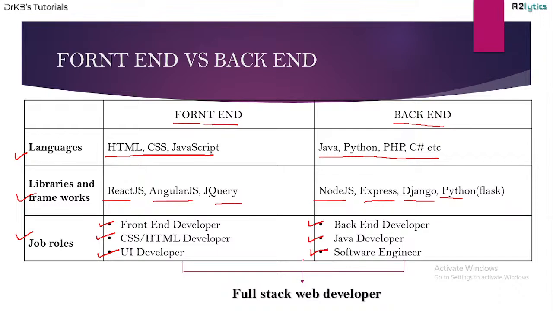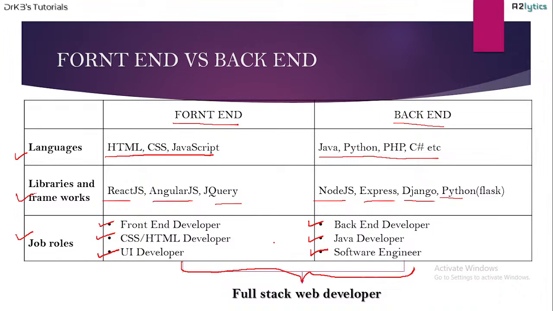And if you have all these skills, front-end skills and backend development skills, then you will be called a full stack web developer. That particular person must know these scripting languages and frameworks.